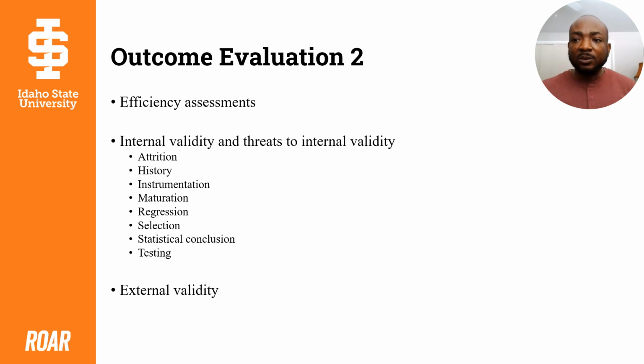It's also important to look at internal validity, which is the extent to which an effect that is observed was caused by systematically planned intervention and does not occur in the absence of the intervention.